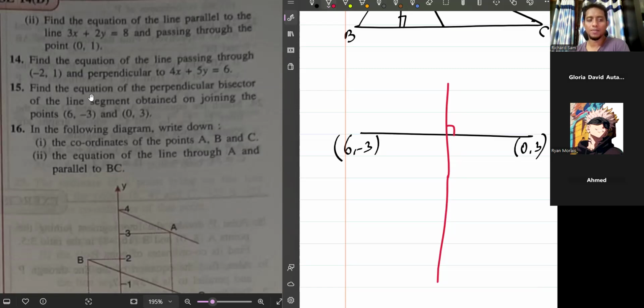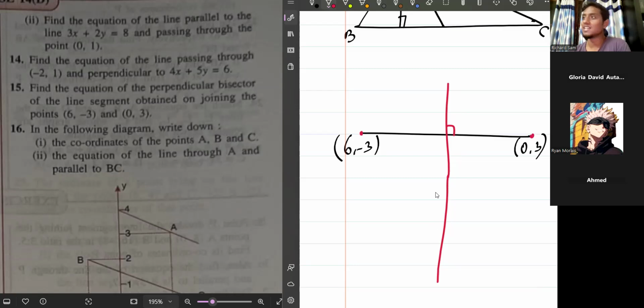I'll read it again. Find the equation of the perpendicular bisector of the line segment obtained on joining these 2 points. See, line and line segment. The black one is a line segment. It has a starting and an ending point.